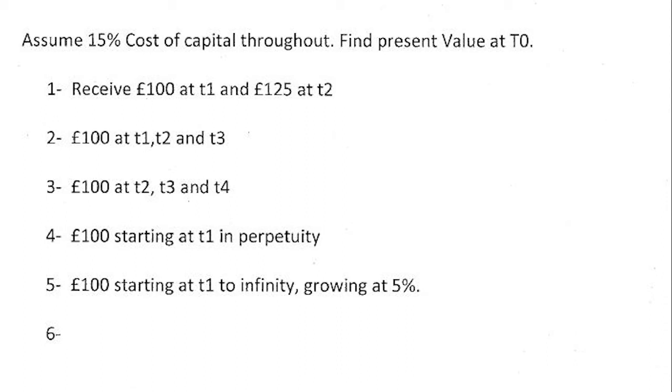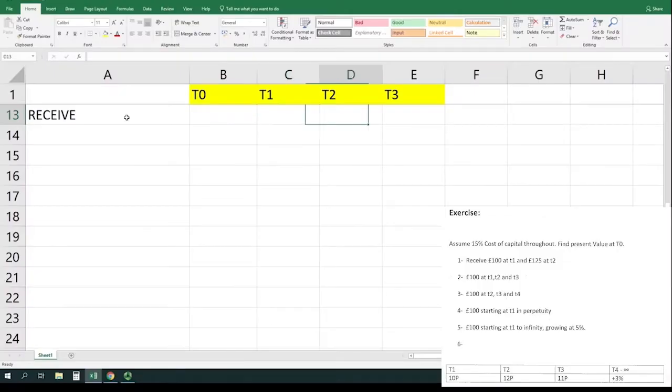Slightly more complicated now. We are receiving £100 at T2, T3, and T4. So nothing at T0.